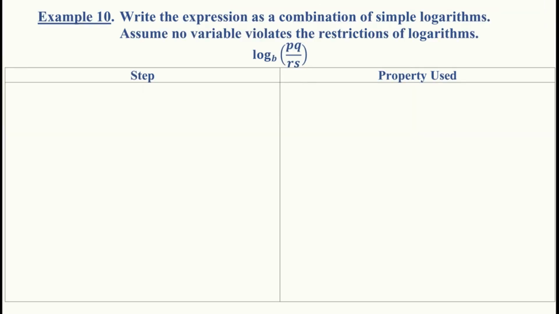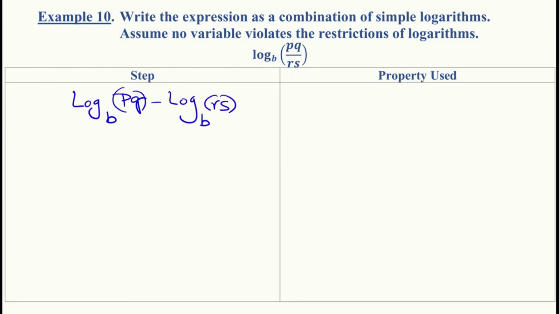All right, so here, obviously, if you look at it, the top level operation we're going to deal with here is a quotient. So we go ahead and use the quotient rule to write that as log base b of pq minus log base b of rs.